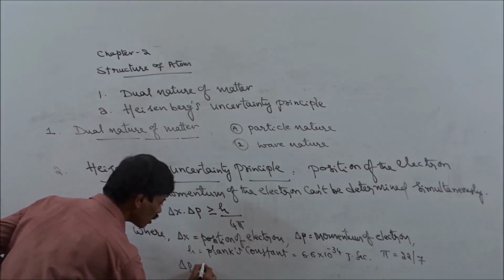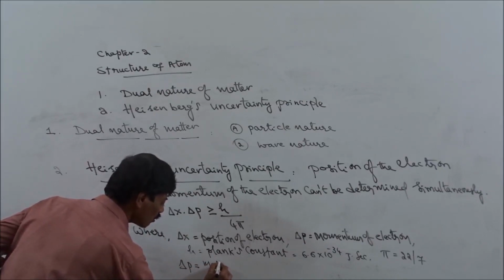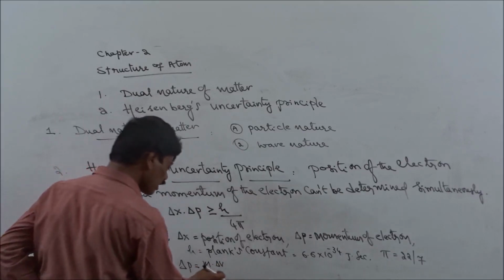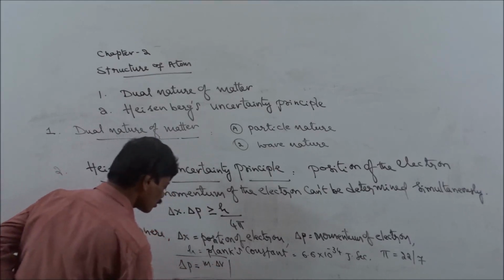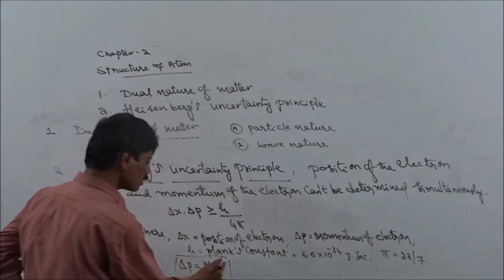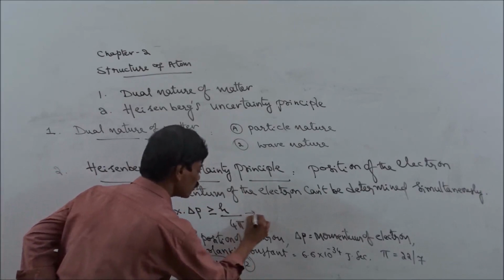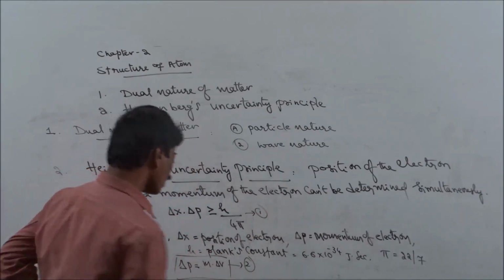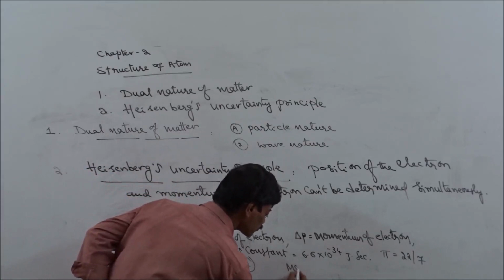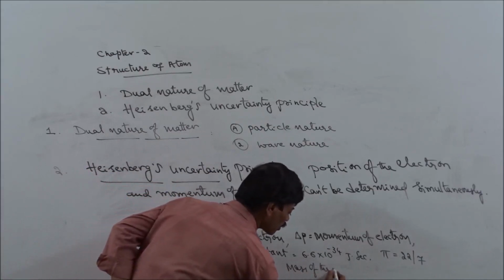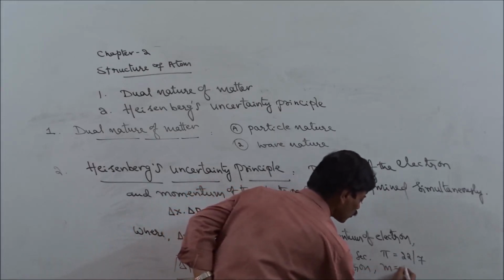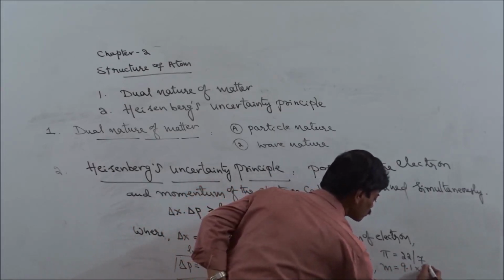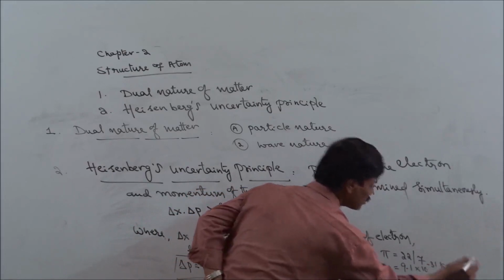And momentum delta p is equal to the mass of the electron and then the velocity of the electron. Here, I didn't write delta in front of m because the mass of the electron is fixed. We can substitute this in equation number 1 to get the new expression, and the mass of the electron, that is small m, is equal to 9.1 into 10 raised to minus 31 kg.